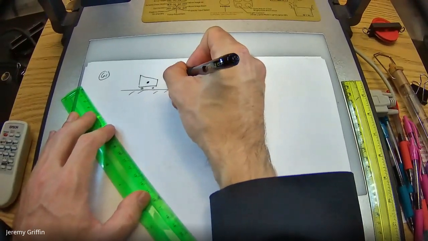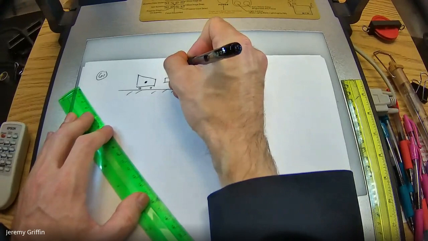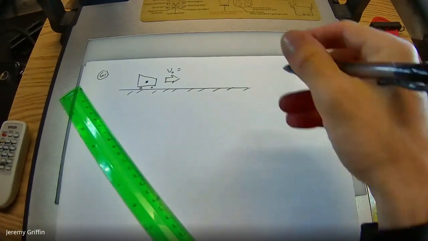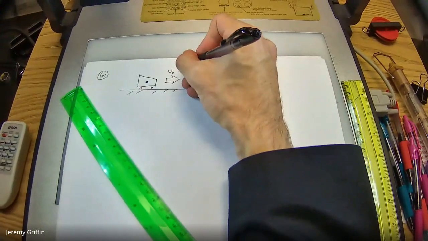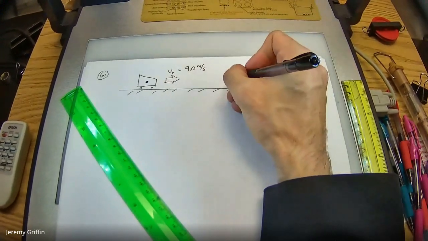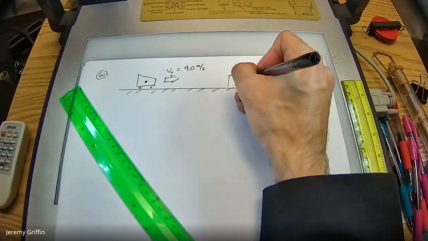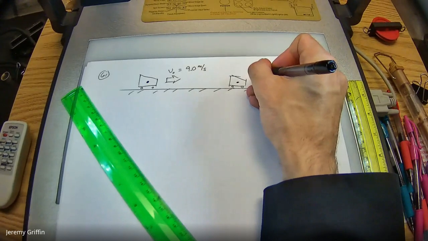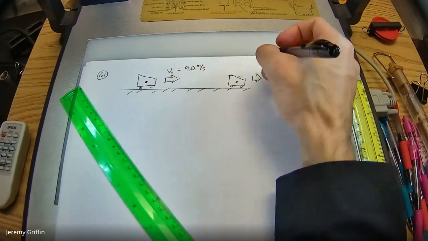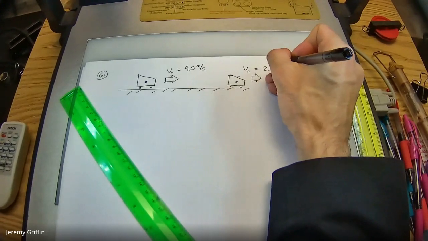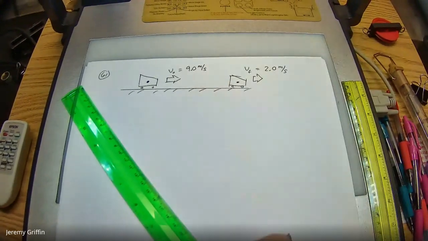And it was initially moving, say V naught equals, okay, here's where I'm going to make up my own numbers that are pretty close to the book numbers. I'm going to say 9.0 meters per second. But then later on, let's say this cart is only moving at, let's say, V final is like 2.0 meters per second. Just to come up with some numbers.